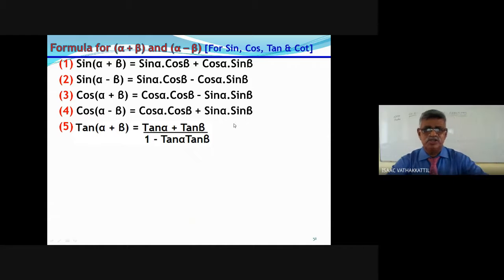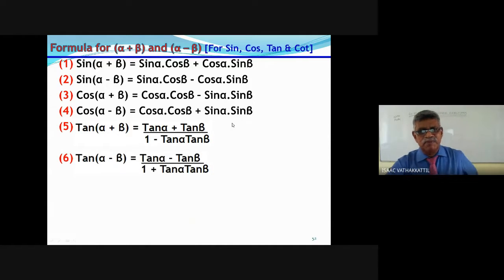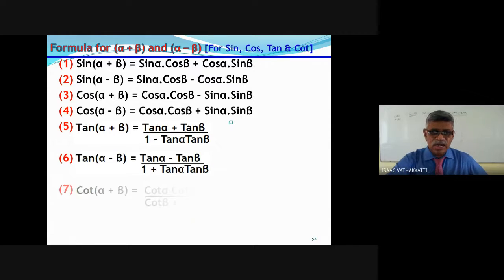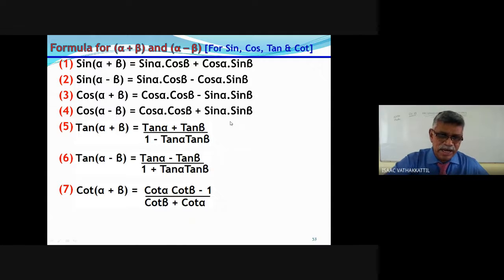That is what I insist you to do. Tan alpha minus beta will be tan alpha minus tan beta upon 1 plus tan alpha tan beta. Cot alpha plus beta is cot alpha cot beta minus 1 upon cot beta plus cot alpha. Even if you write cot alpha plus cot beta also, it is fine, but in cot alpha minus beta, be careful.